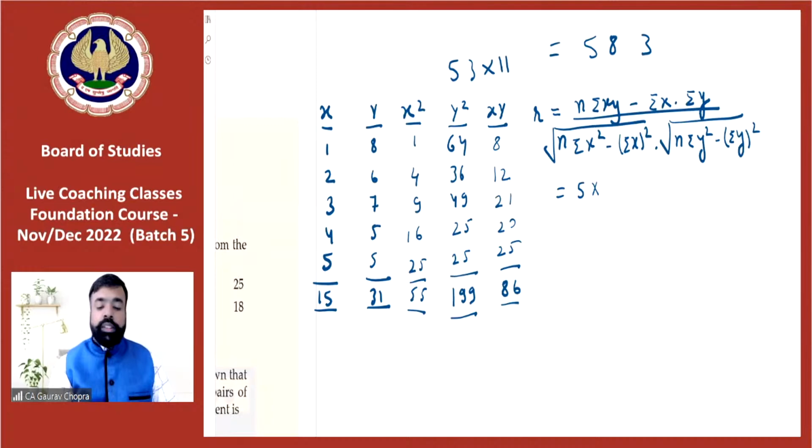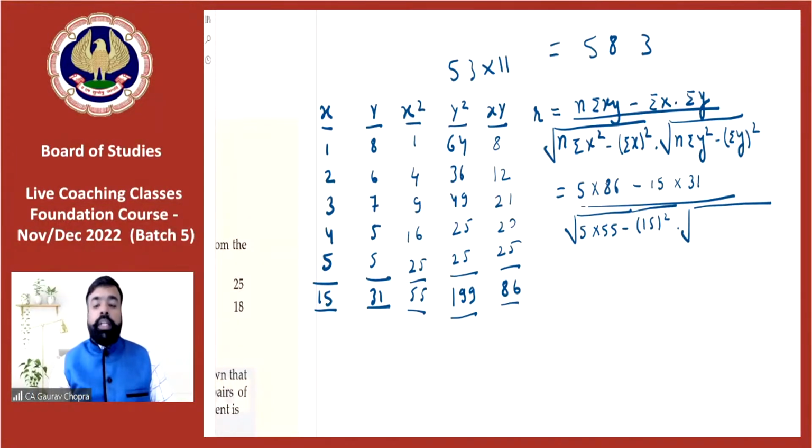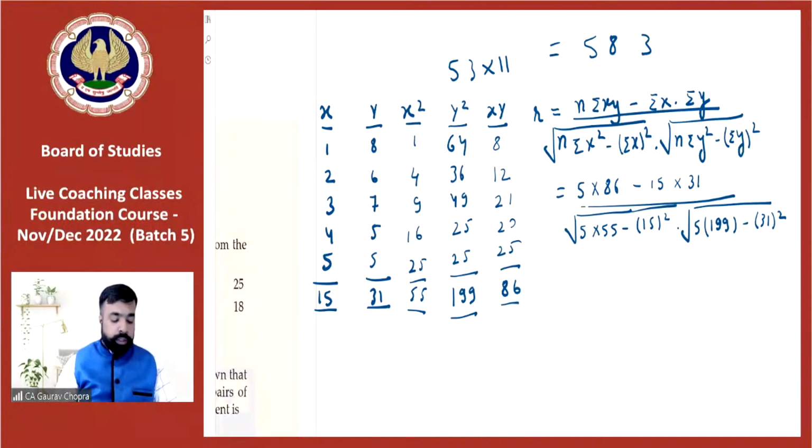Sigma xy is 86 minus sigma x is 15 into sigma y is 31 divided by root of n is 5 sigma x square 55 minus 15 square multiply by n is 5 sigma y square 199 and 31 square. Now you can solve this and let me know which one is correct.